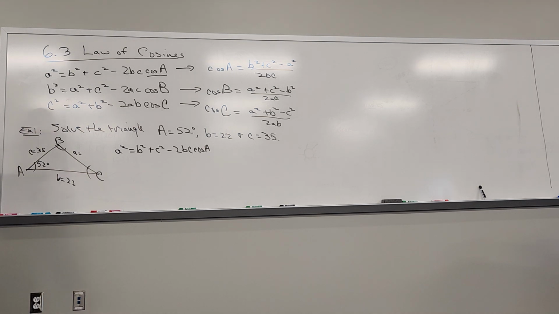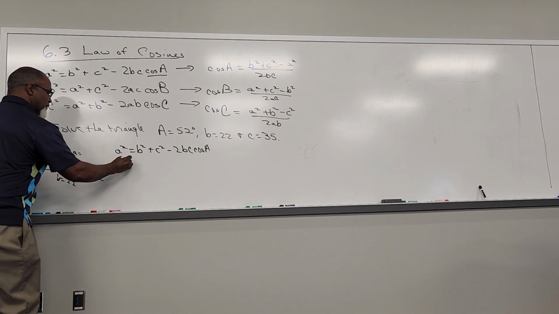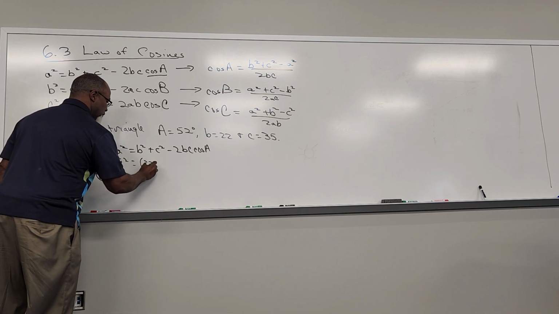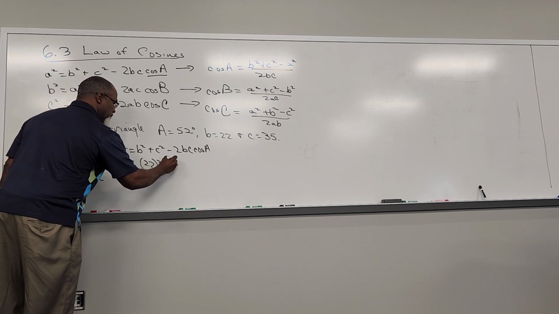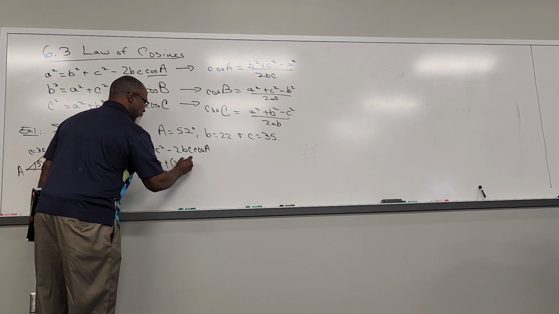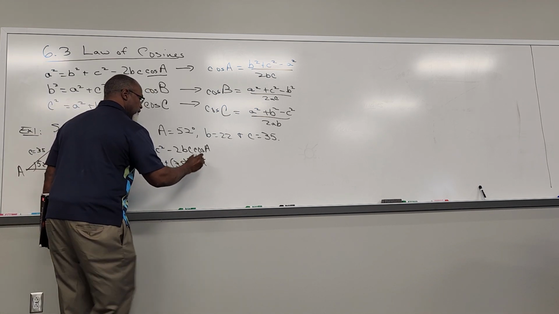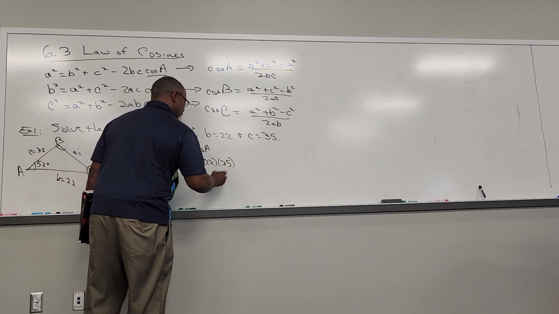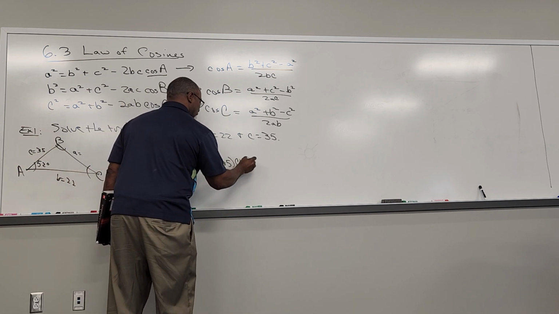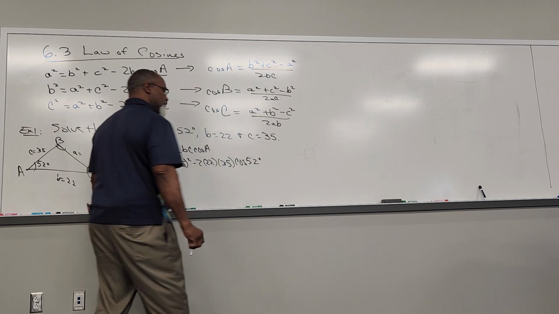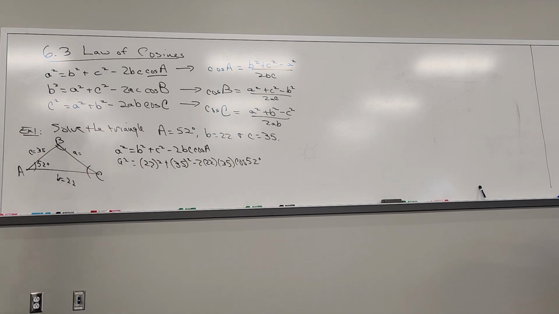I'm going to plug in what I know. I don't know A, so I'll leave this as A squared. B squared is 22 squared, plus C squared means 35 squared, minus 2 times B, 22, times C, 35, and then the cosine of angle A, which is 52 degrees.